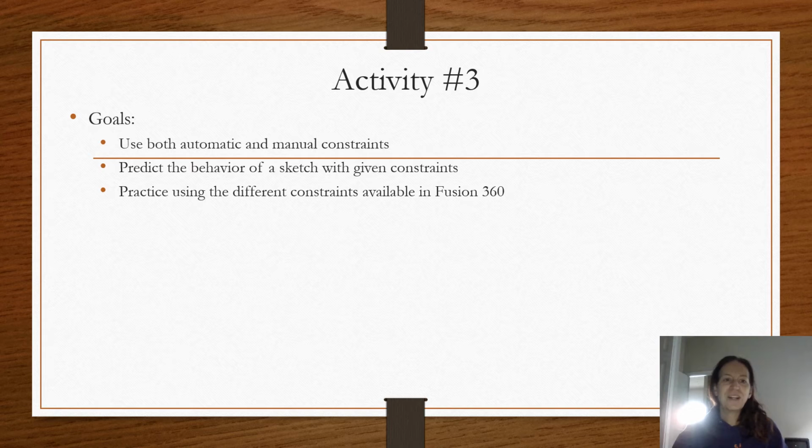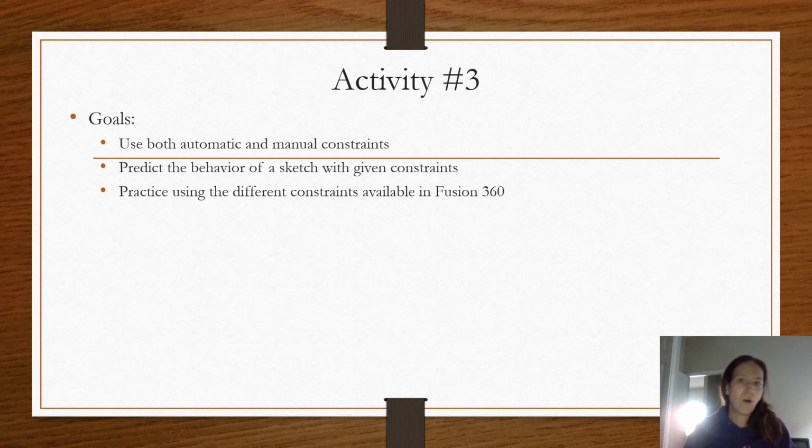The goal is to use both automatic and manual constraints. This time we are going to draw the same figure that we drew for activity 2, but we're really going to pay attention to it, and we're going to force Fusion to put certain constraints on there. We're going to predict the behavior of a sketch with given constraints.